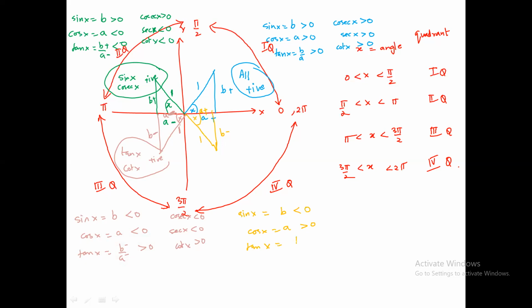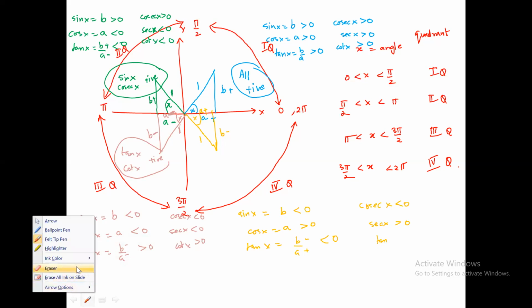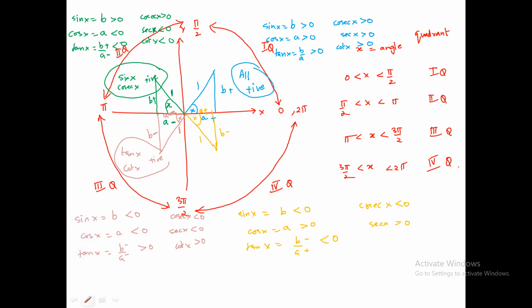Tan x is B by A. Because B is negative and A is positive, on the whole, tan x will be negative. So the reciprocals: cosecant x will be negative, secant x will be positive, and the reciprocal of tan, cot x, will be negative. That means in the fourth quadrant, only cos x and secant x are positive.